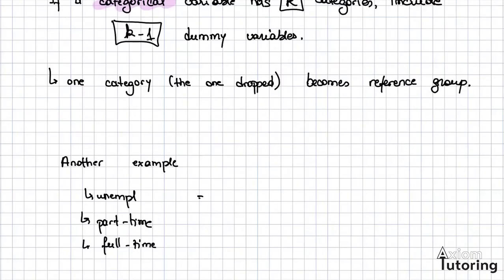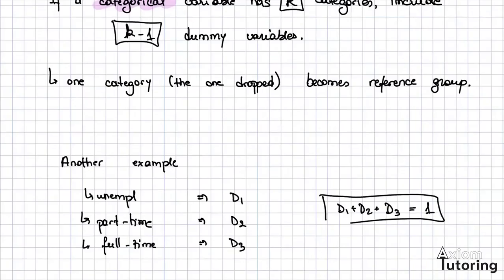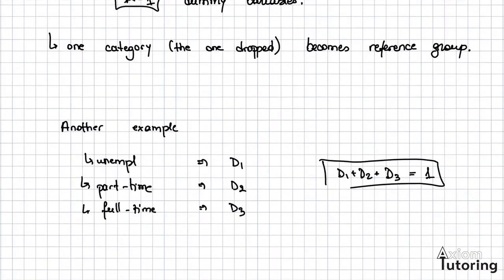And if I come up with a dummy variable for each of these options, so let's say D1, D2, D3, then it's obvious that D1 plus D2 plus D3 have a relationship where the sum is equal to 1. What does that mean? You have to take one out, let's say we take out the part-time category. So in your regression, you're just going to have beta 0 plus beta 1 D1 plus beta 2 D3 plus an error term. And the D2, so this part-time category that you have left out, will become your base group.